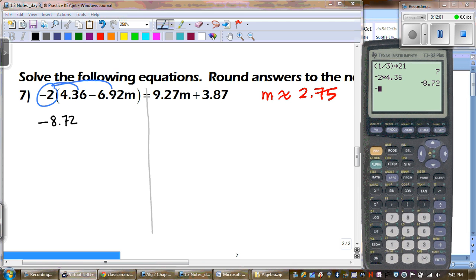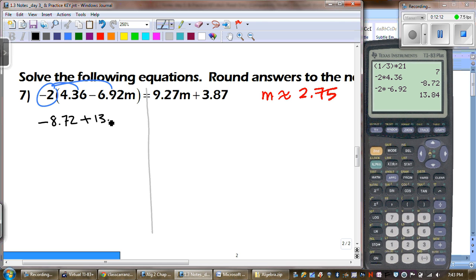Okay, and then I have to do -2 times -6.92, which gives us 13.84, and that is a positive 13.84. Now, everything on the right side stays the same. The only thing is I forgot my m.